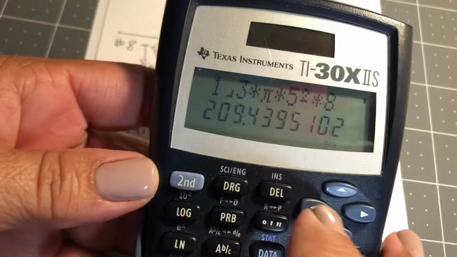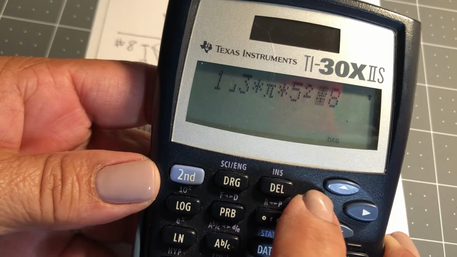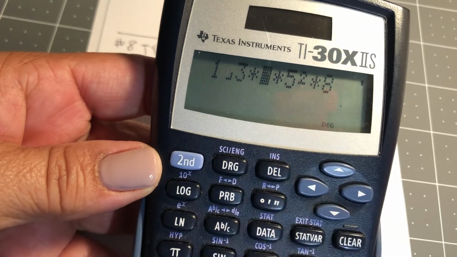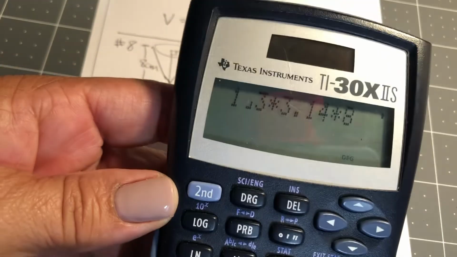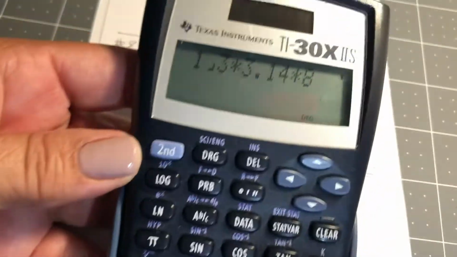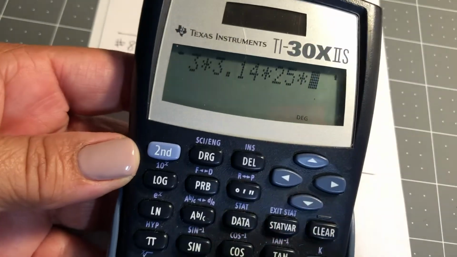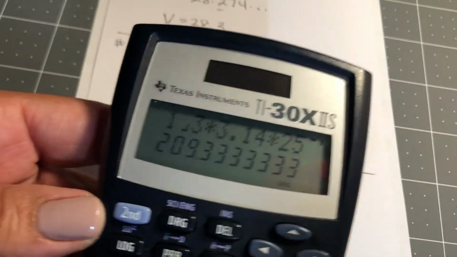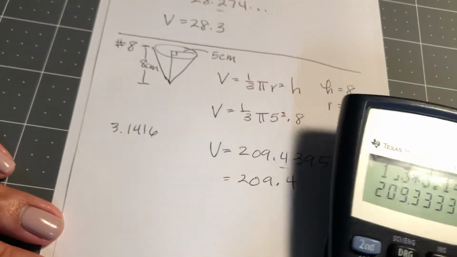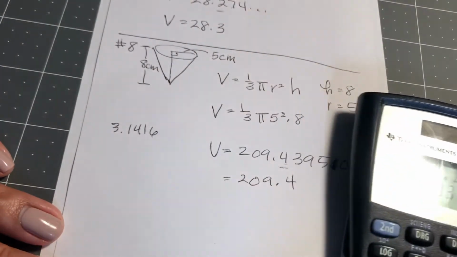So let's go back and try that. So for pi, I'll type in 3.14 times 5 squared is 25 times 8. See if that makes a difference. Oh yeah. So looks like your teacher wants you to use 3.14. I didn't type in the 16, but 3.14.